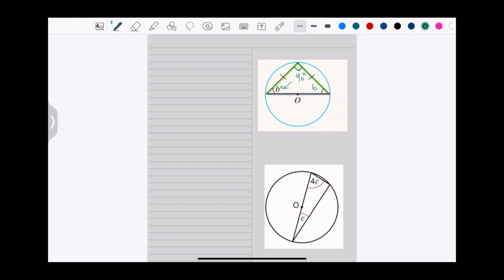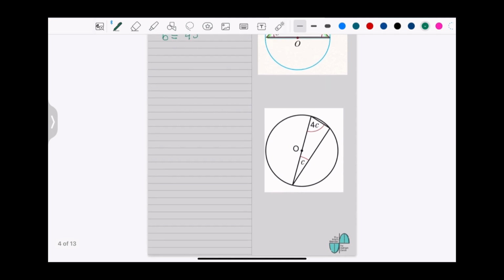So 90 plus 2B is equal to 180, the sum of all the angles in a triangle. So 2B is equal to 180 minus 90, and B turns out to be 45 degrees.